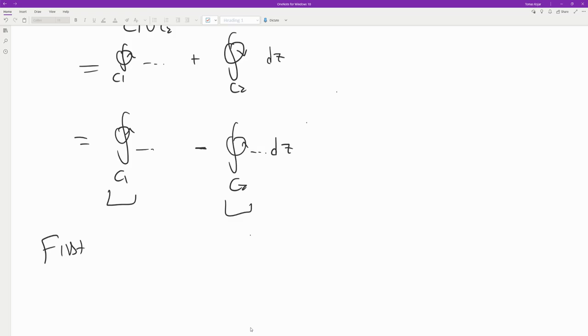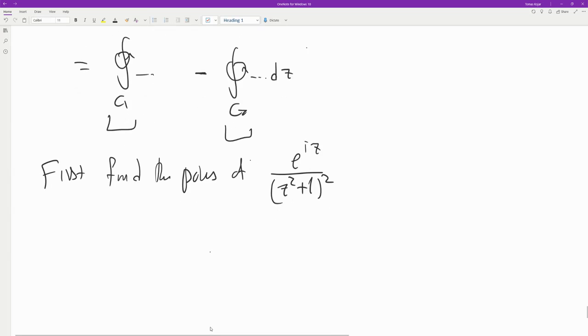As always, first find the poles. e^(iz) over z squared plus 1. Okay, so what are they? This is easy, right? That's the definition of complex number. It says plus minus i.